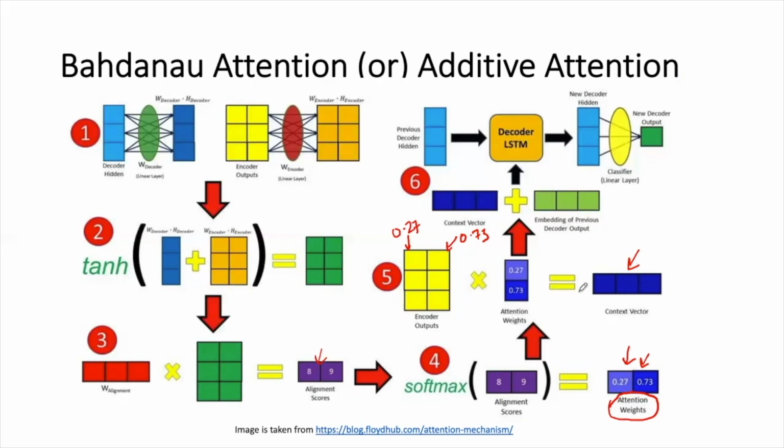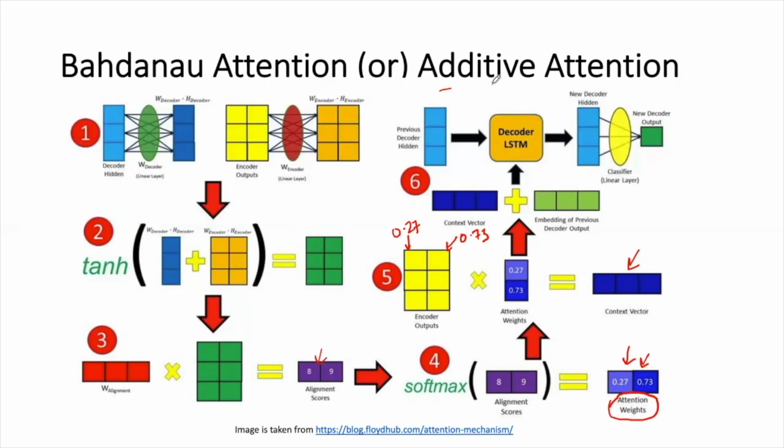As you can see, we have many addition operations. Whatever interactions we have between the decoder hidden vector and the encoder hidden vectors are in the form of addition. We added up here, and then we generated the output. That's why this attention mechanism is called additive attention mechanism.